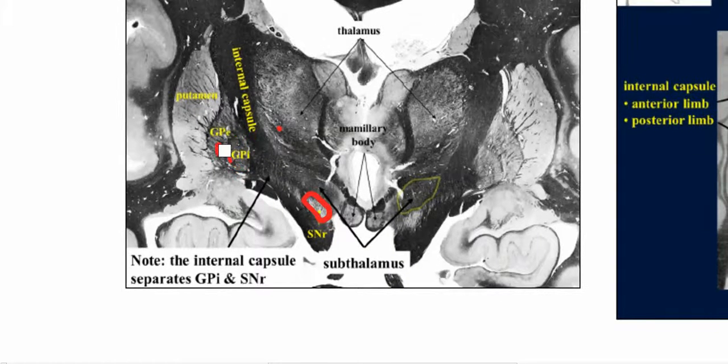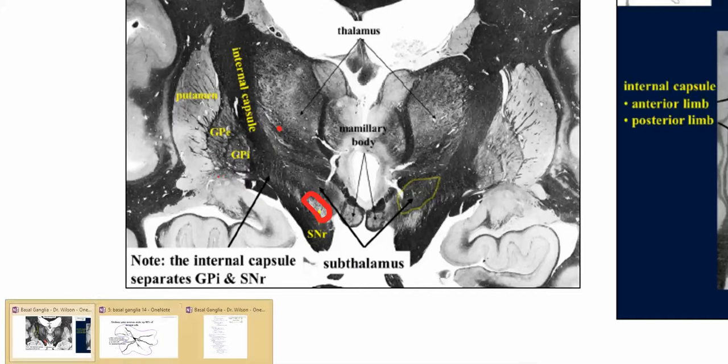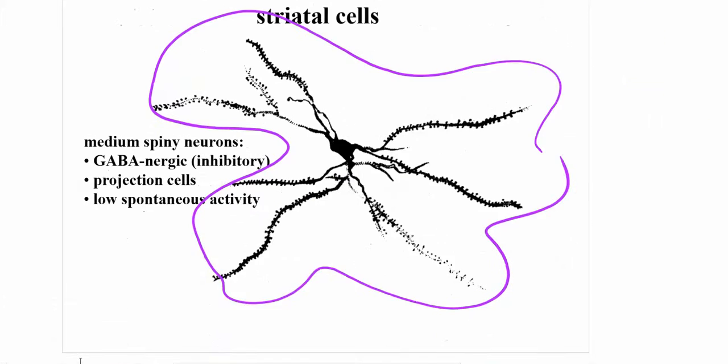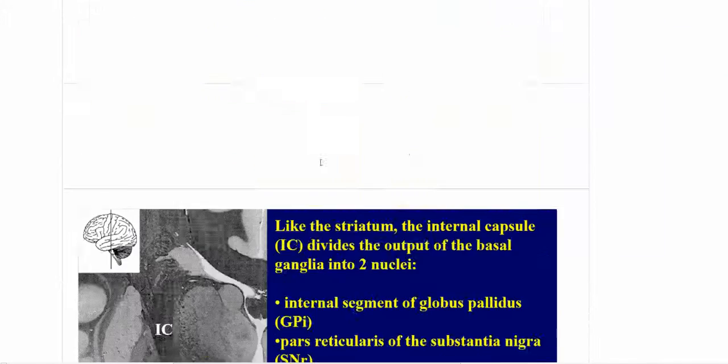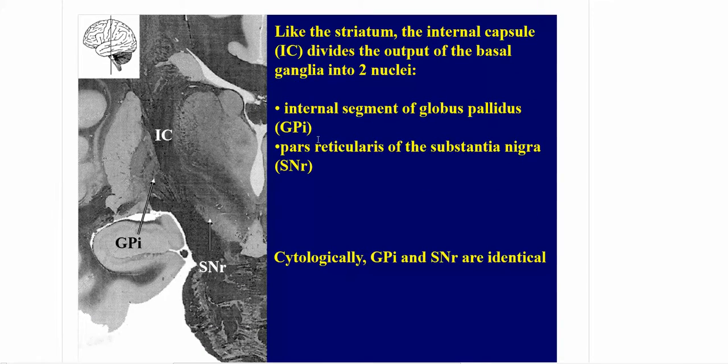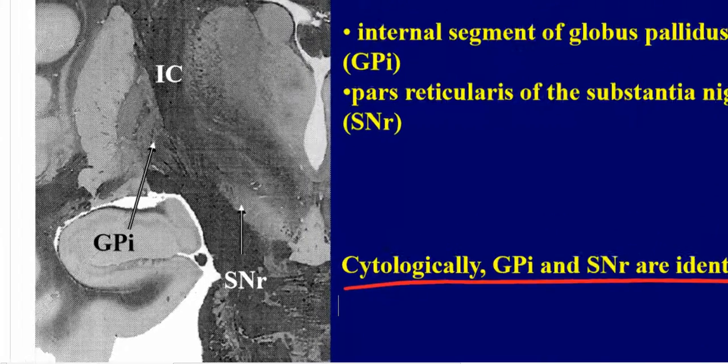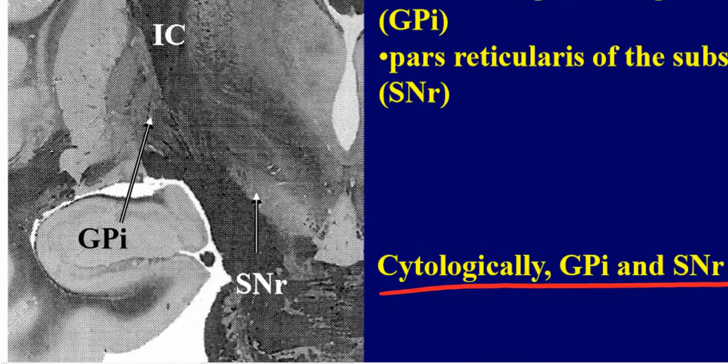I think it might have been a different image he used. I'll probably check the lecture slide really fast. Yeah, okay, so you can see it here, right? GPi and SNr are identical. It's not altogether obvious here, because this seems a little bit lighter than this, right? But just remember that they're cytologically similar.